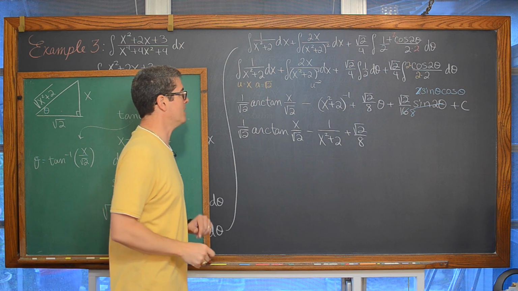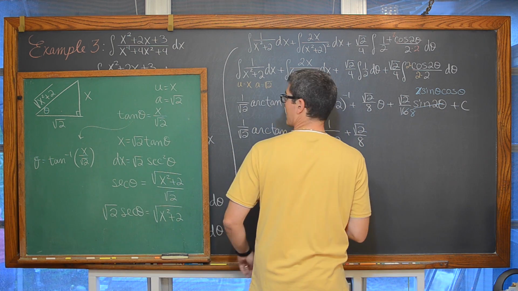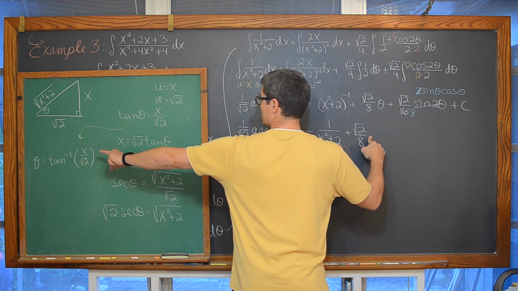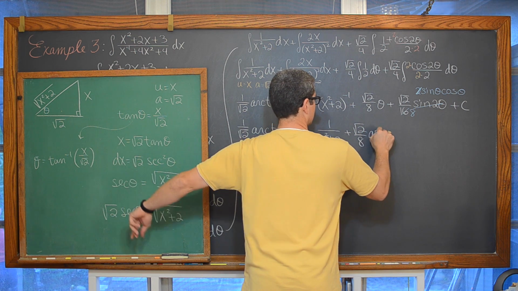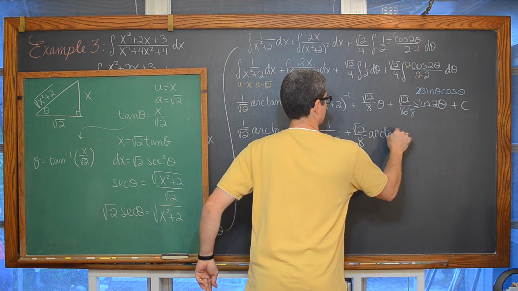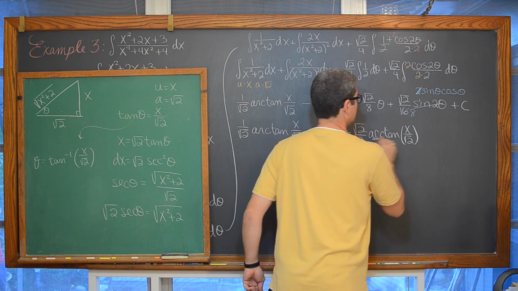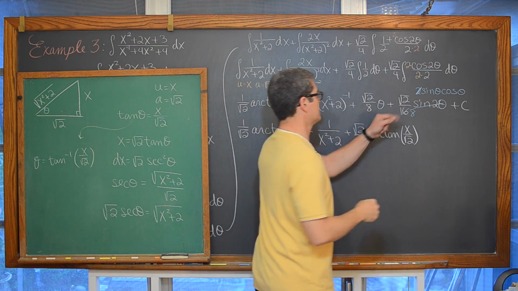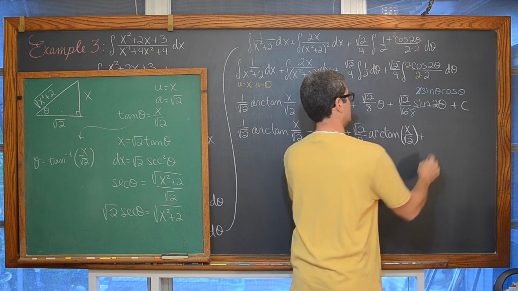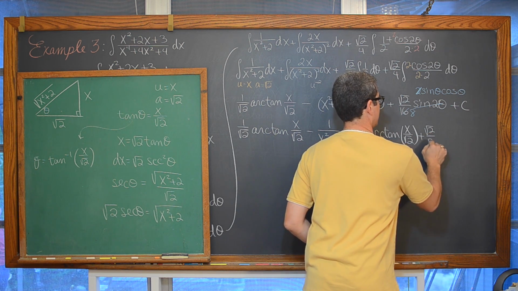Had one of those over here as well. So we have the square root of 2 over 8 times the arctangent of x over the square root of 2 plus square root of 2 over 8.